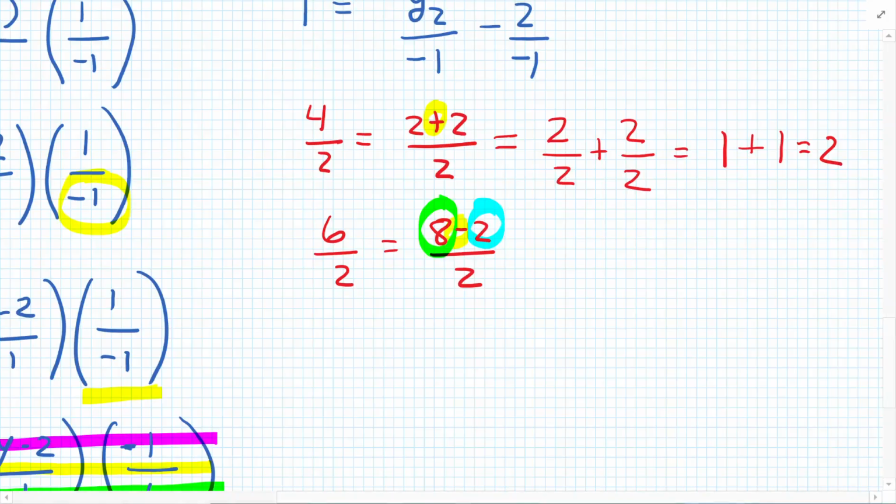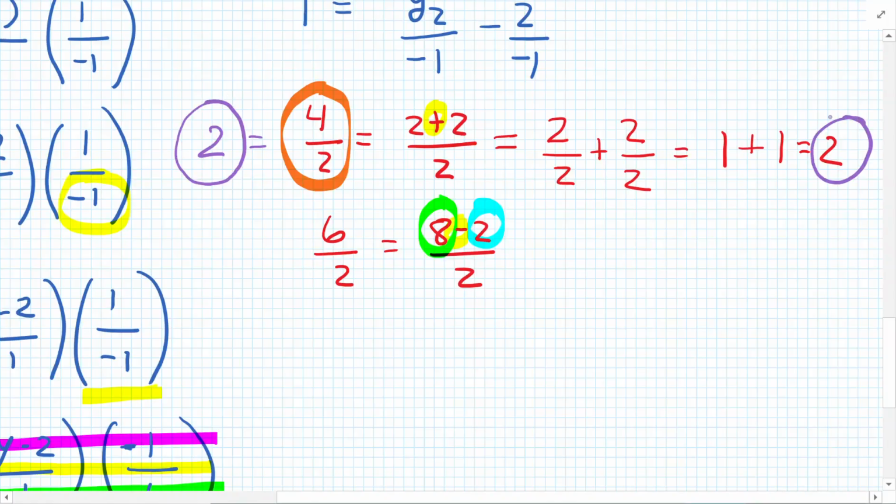What is 4 divided by 2? That was what we started with. 4 divided by 2 is equal to 2. So 2 is equal to 2, right? It's the same thing.